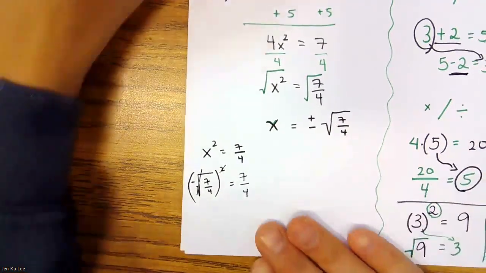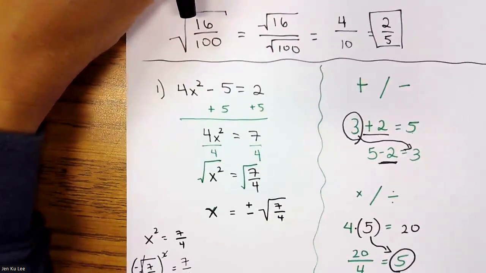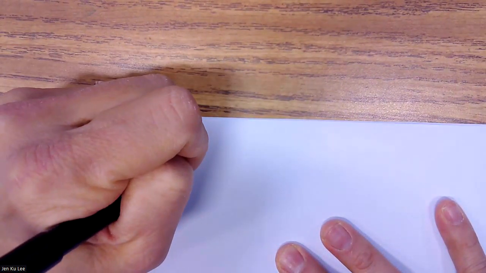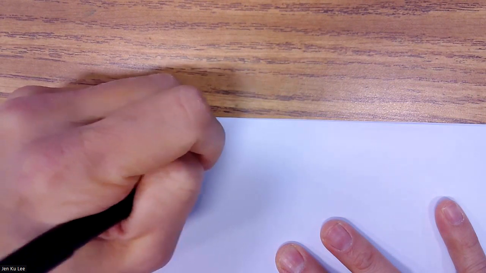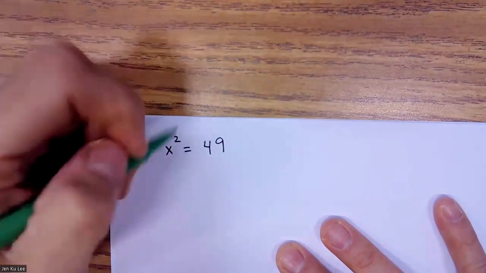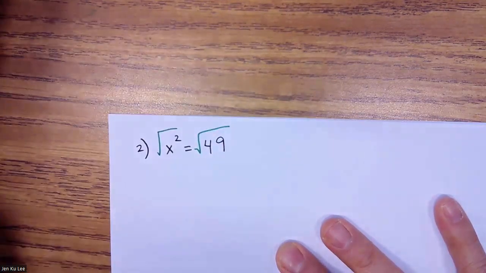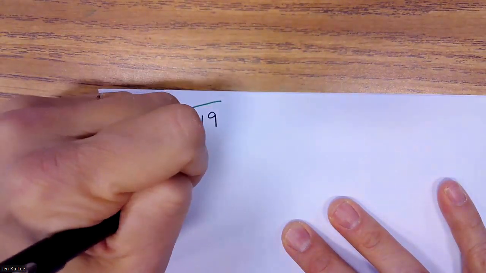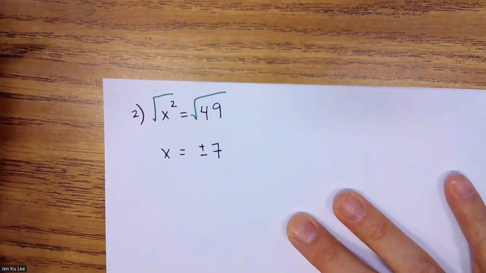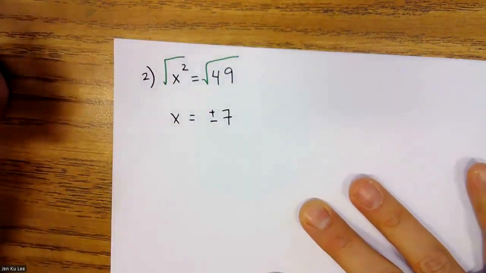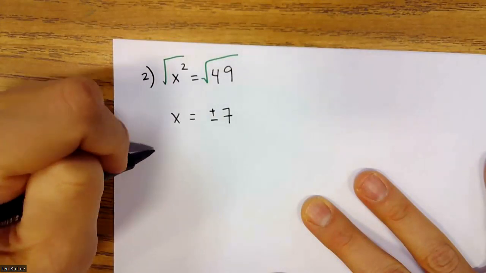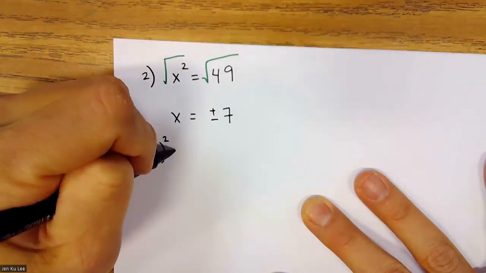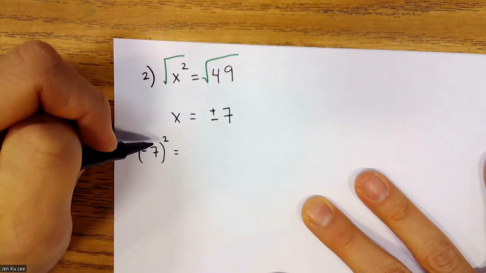Let me highlight this part of it with an easier example. If x squared equals 49, I can square root it, and this would become x equals plus or minus the square root of 49, which is 7, right? The reason why it's a plus or minus is because I can plug in negative 7 squared. What is negative 7 squared?